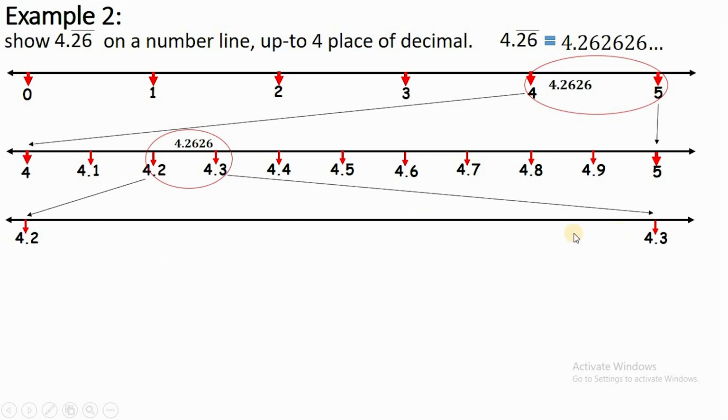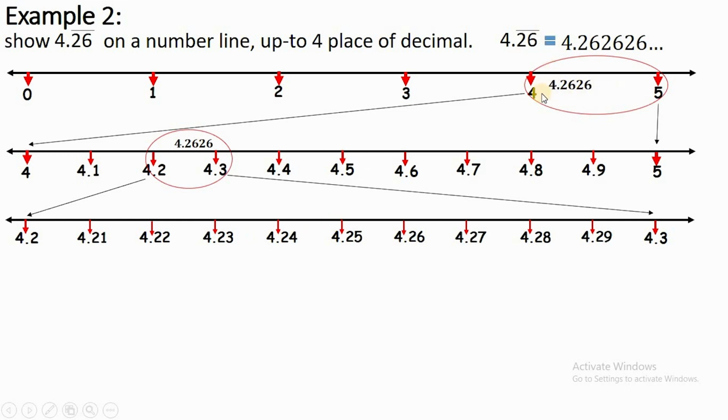Again you divide the given portion in 10 equal parts. And this first one represents 4.21, and then we have 4.22, 4.23, 4.24, 4.25, 4.26, 4.27, 4.28 and 4.29.